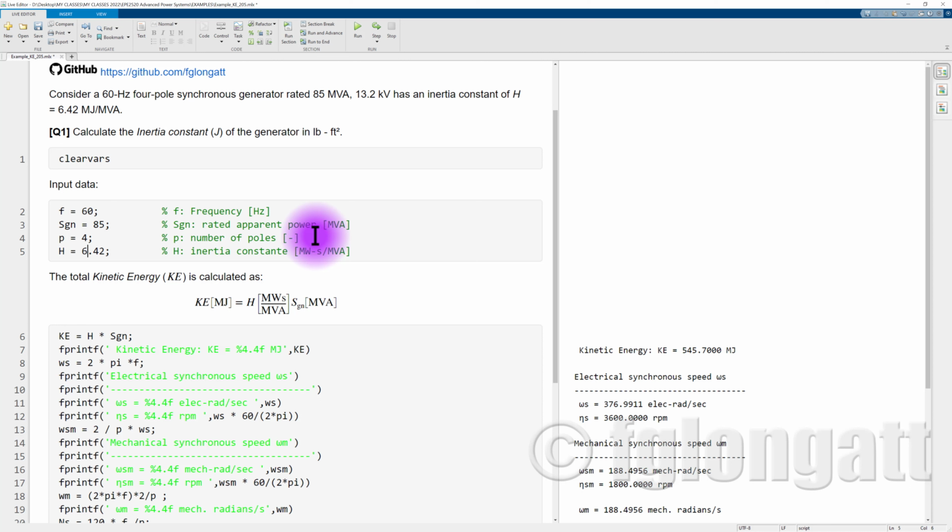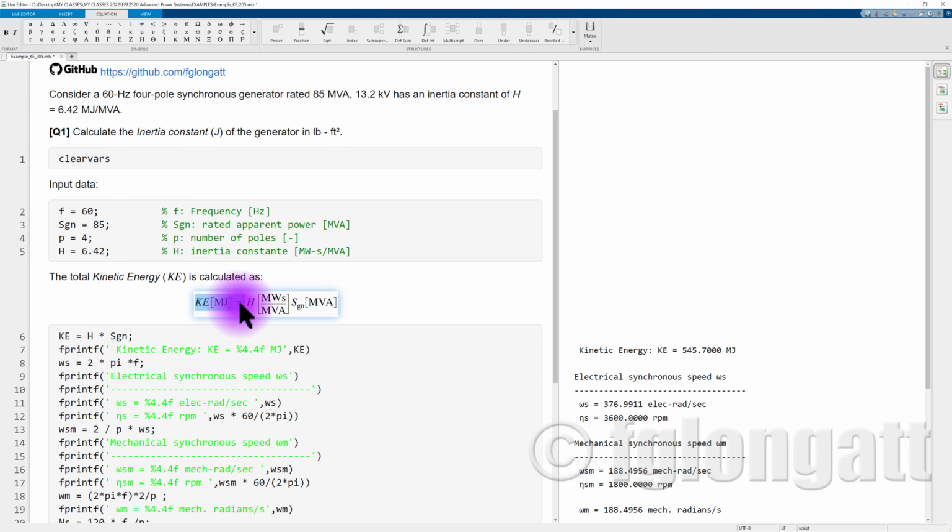If you remember the definition, the kinetic energy in megajoules is equal to H in megawatt second per MVA multiplied by the rated power in MVA.